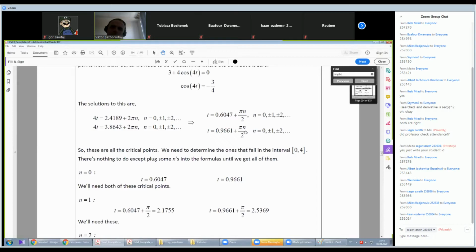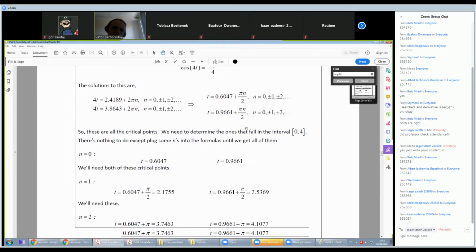Now if n is negative, you can see that pi over 2 is of course about 1.57, so this is going to be a negative number. So n negative we can exclude immediately. And then we just check small values of n, so that the roots are less than 4.